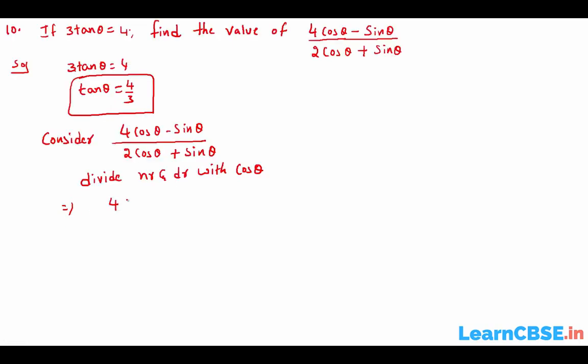(4 cos theta minus sin theta) divided by cos theta, whole divided by (2 cos theta plus sin theta) divided by cos theta. So split them.